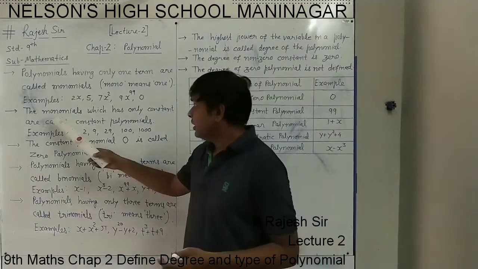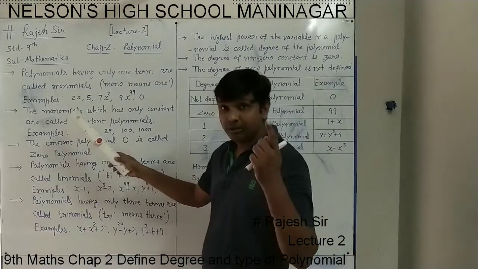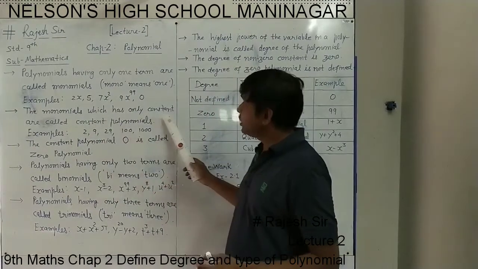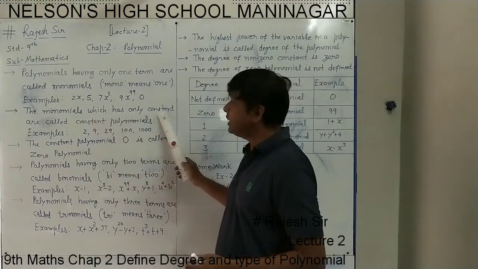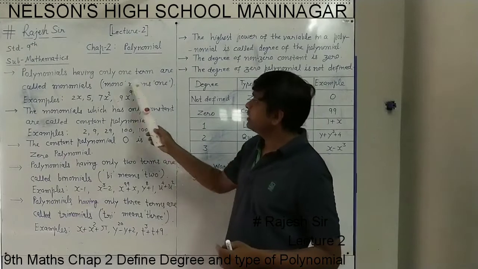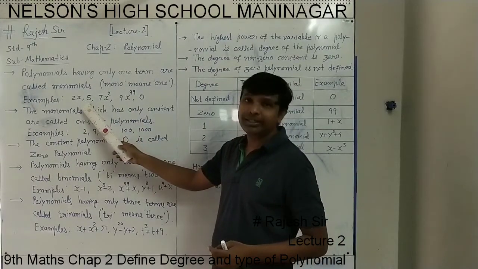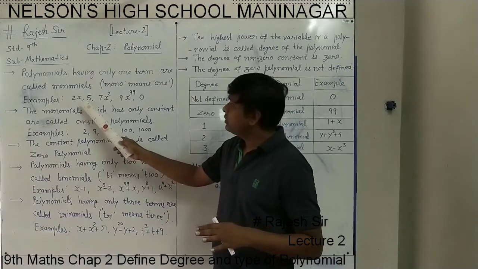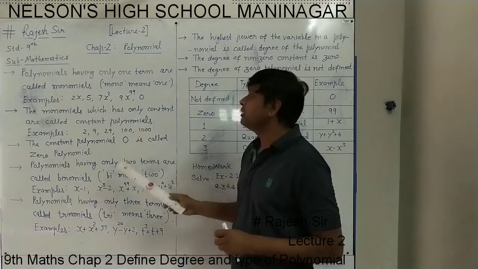Similarly, monomials which have only a constant are called constant polynomials. Like in this example, 5 is only a constant, it has no x, no variable with it. So this is a constant polynomial, 0 is also a constant polynomial.